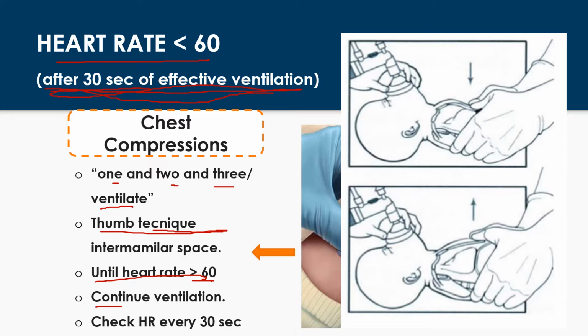So the chest compressions are only reserved for when you have below 60 after giving 30 seconds of effective PPV. If you give PPV and you realize by your Mr. Sopa that your mask wasn't well adjusted, you change your mask and then you do 30 seconds again. And after the 30 seconds, if you continue with heart rate below 60, you start the chest compressions.